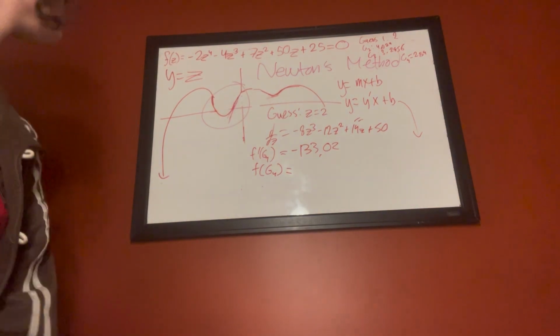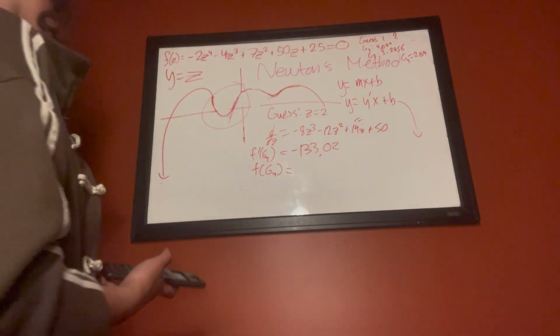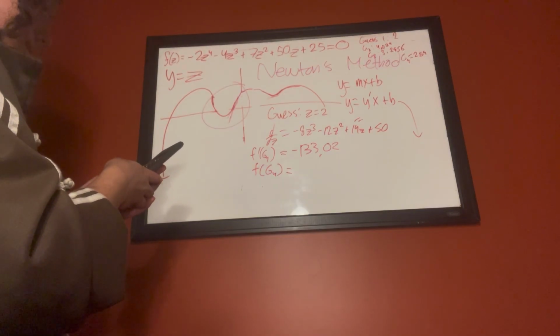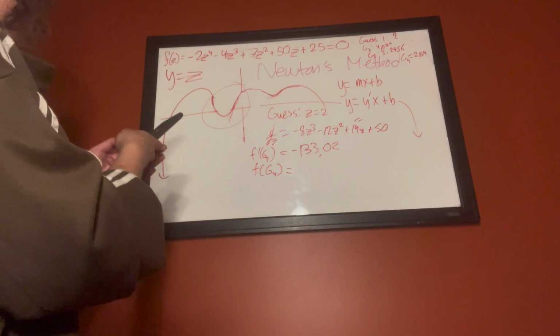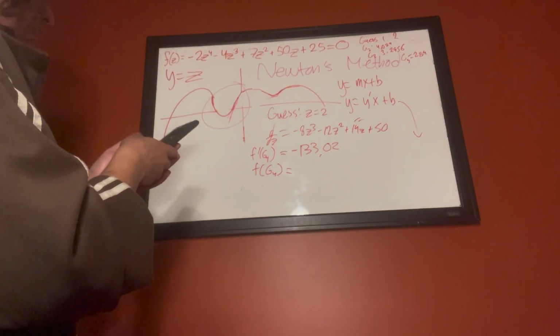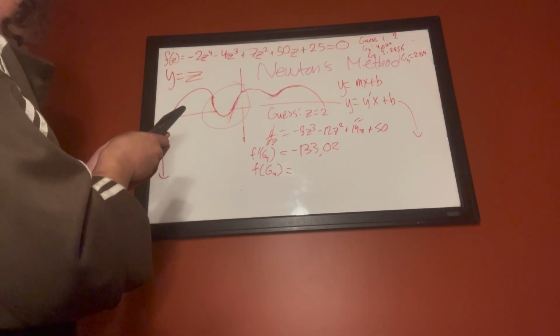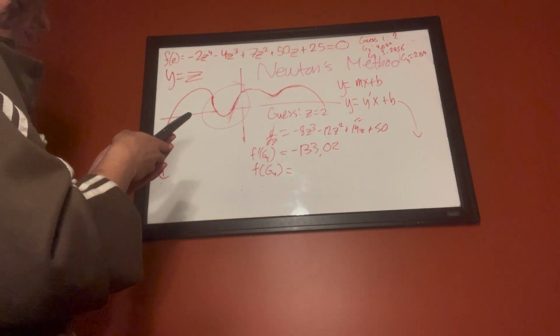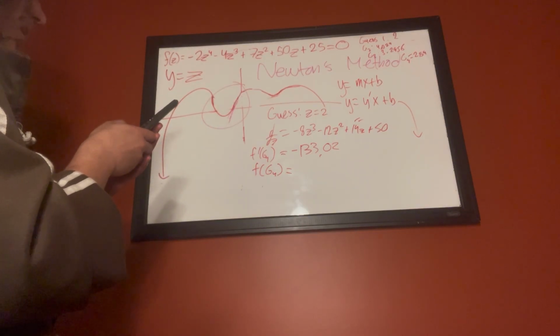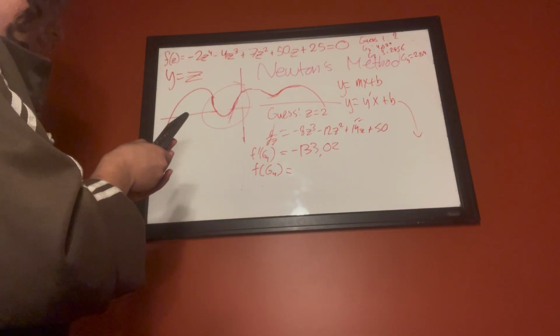What do I get? So I have 2.59 raised to the 4 times minus 2 minus 4 times 2.59 cubed plus 7 times, oh wow, 2.59 squared.